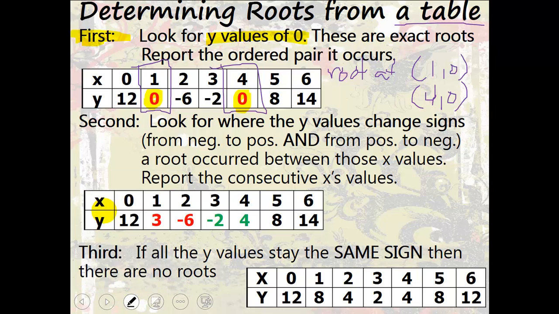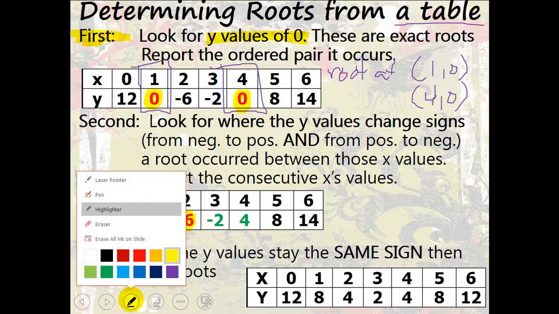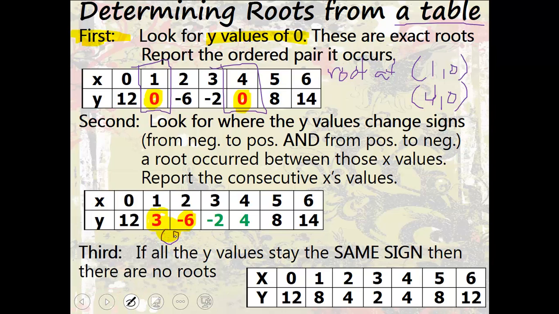In order for my y value to be positive at x equals 1 and negative at x equals 2, it had to go through 0 somewhere in between. So we would have a root between x is 1 and 2.